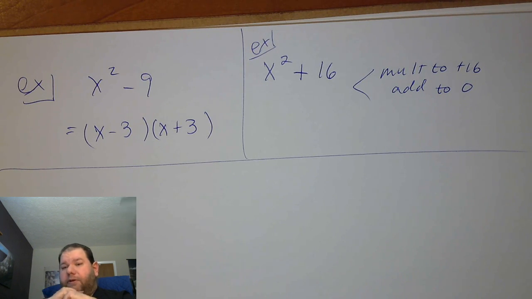You might be tempted to say 4 and negative 4, but the problem is they multiply to a negative 16 and not positive 16.